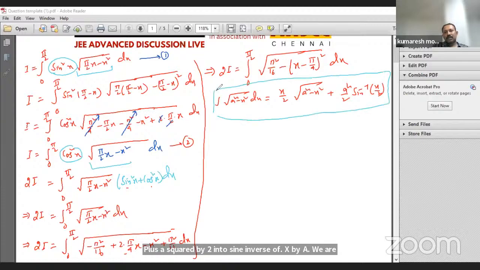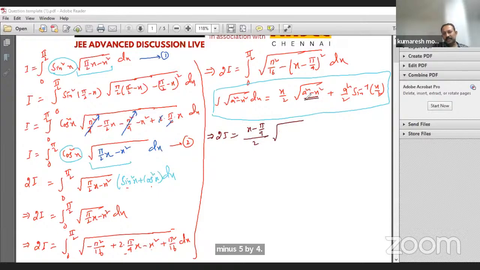After that we'll put the upper and lower limit. So 2I is equal to, use the a square minus x square formula. We'll get what? x by 2, x what? x minus pi by 4. So x minus pi by 4 divided by 2 root over of a square minus x square. This is the same quantity. So if you simplify, we get the same expression.